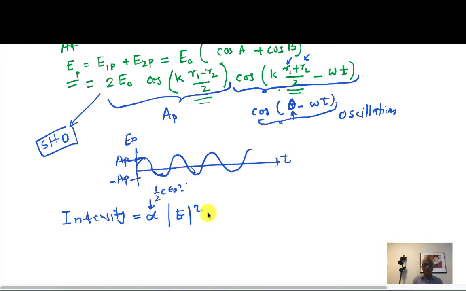Okay, so we have E sub p, and this is time average, this quantity, right? Well, so I have AP square and time average of cosine square of k r average minus omega t, time average.